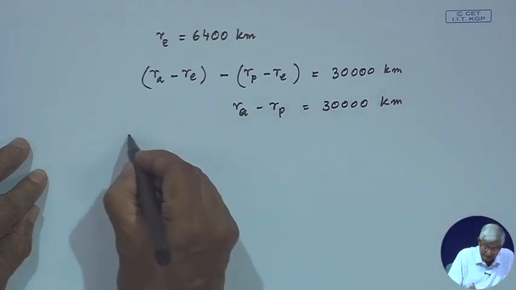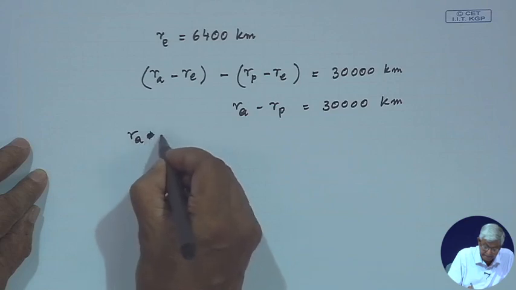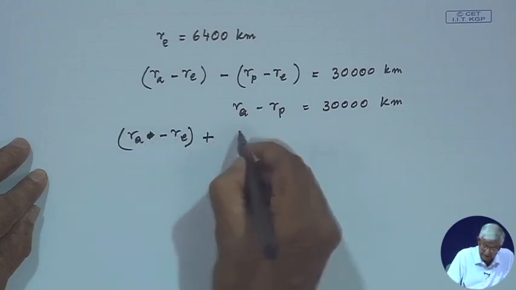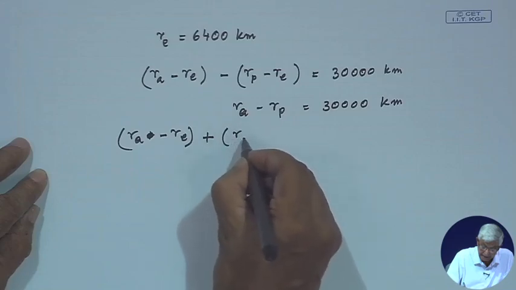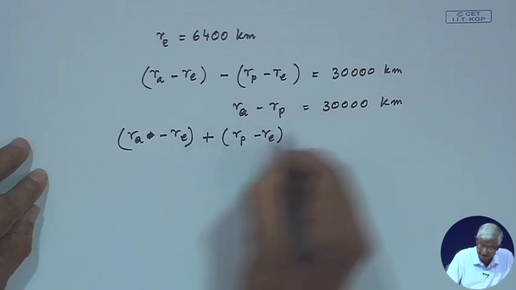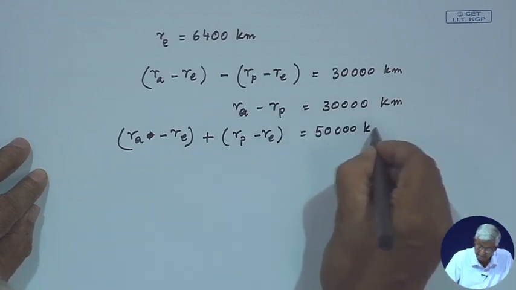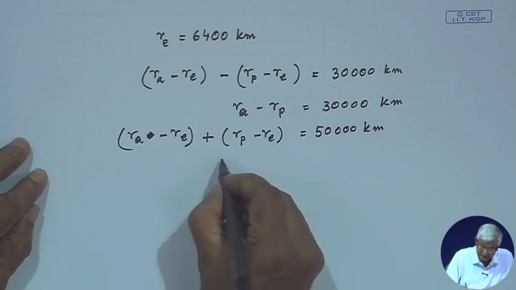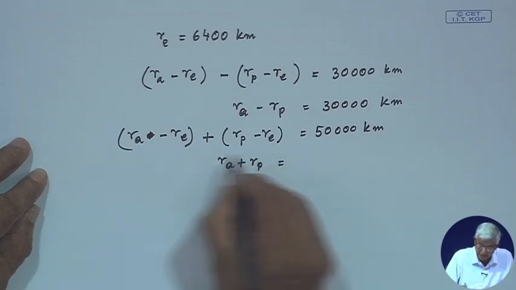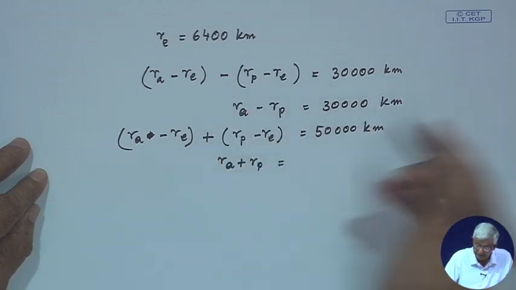The other one is (R_A minus R_E) plus (R_P minus R_E), this sum is given as 50,000 kilometer. So, in this case R_A plus R_P will be 50,000 plus 2 R_E, as the 2 R_E goes to that side.